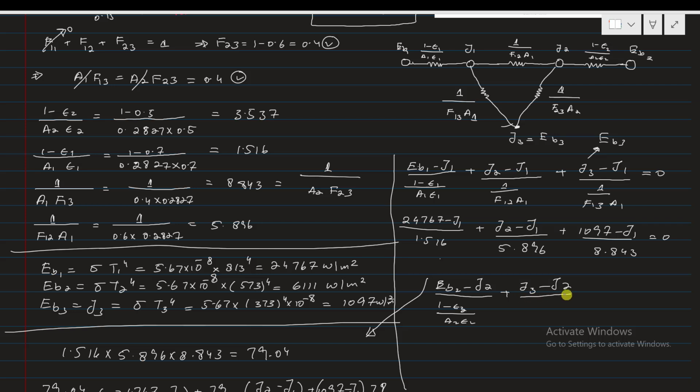J3 means EB3, I have written here because it is equal, divided by 1 over F23 into area 2, plus the heat transfer to this node from body 1, that is J1 minus J2 divided by 1 over F of 1 to 2 area 1.